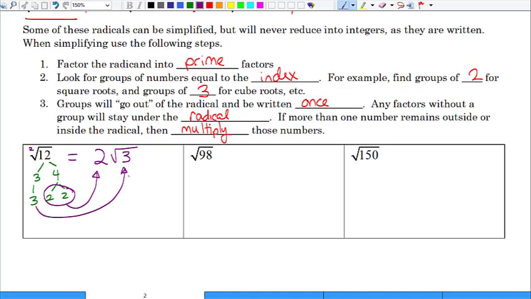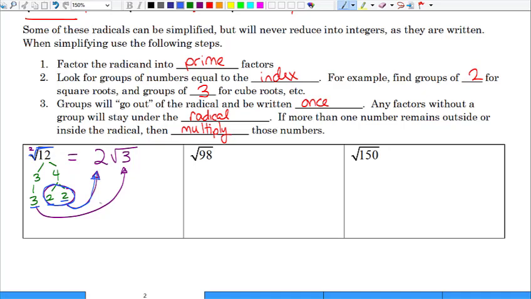So I have a little story to go along with this, so I remember which one goes out and which one goes in. So let's say this is like a little house here. Inside we have 3 people, a 3, a 2, and a 2. Now, in order to go out of the house, you have to have like a date. So the 2 2's, which are alike, get to go out of the house. They're going to go out of the house, have a little fun, and come back to the house later.